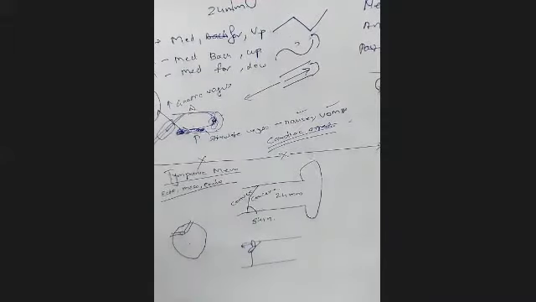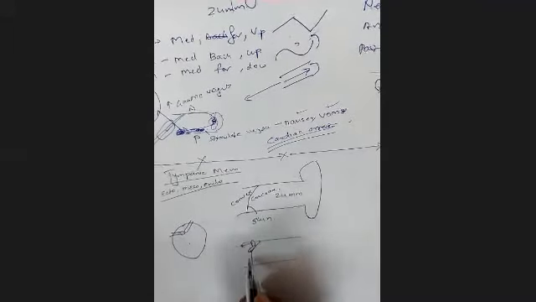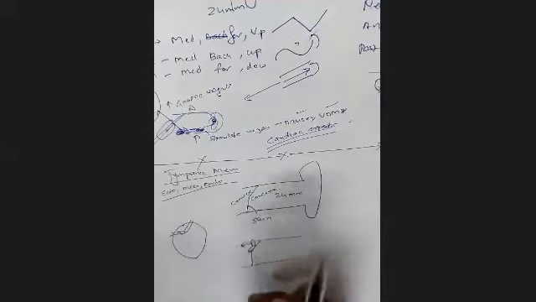We'll discuss this when we talk about the middle ear. There is the stapedius muscle, which is attached to the stapes, and the tensor tympani muscle, which is attached to the head of the malleus. It will pull, and that's how this concavity is maintained.